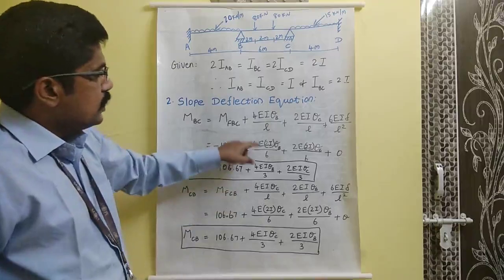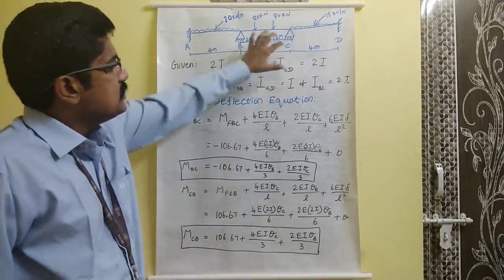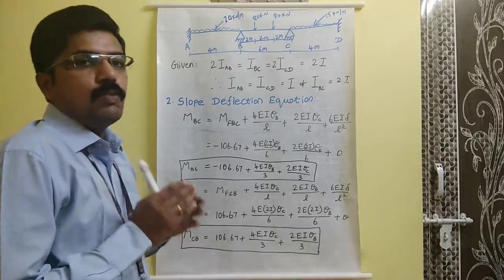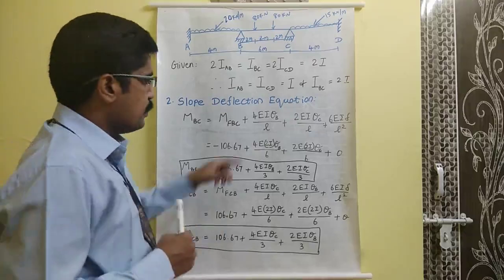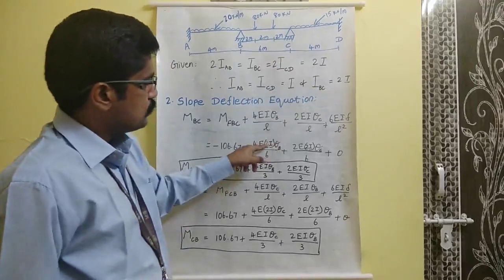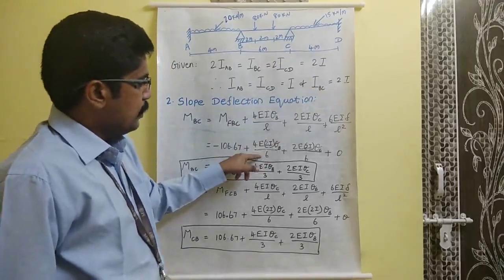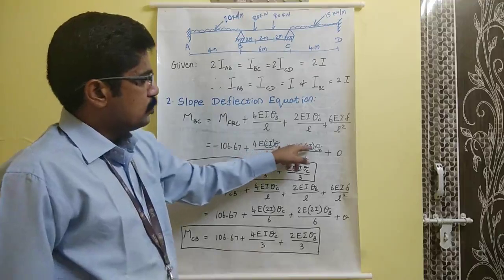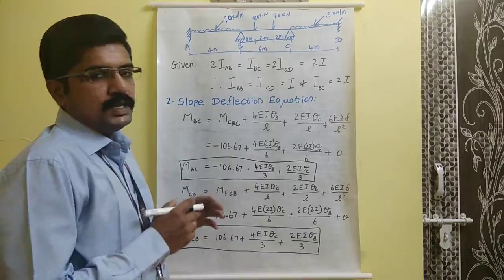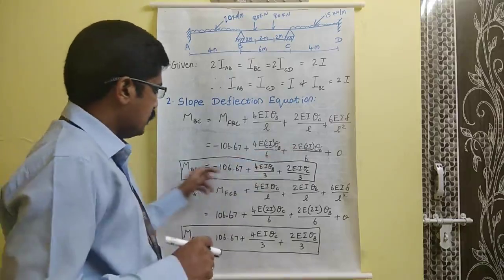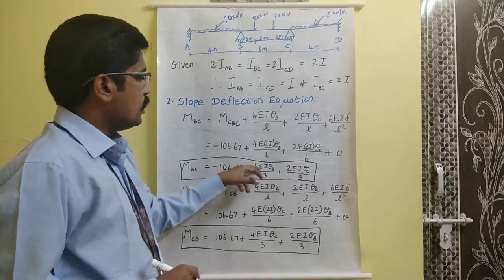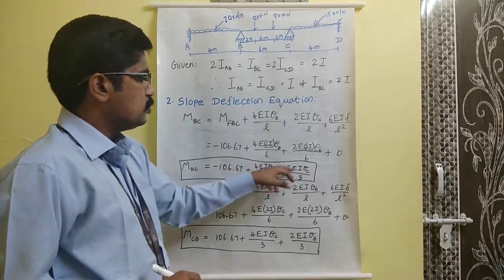Here both B and C are hinged supports, so they allow rotation, and we have both theta B and theta C. Since IBC equals 2I, I have substituted 2I theta B by 6 plus 2E into 2I theta C by 6. By solving, we get minus 106.67 plus 4EI theta B by 3 plus 2EI theta C by 3.